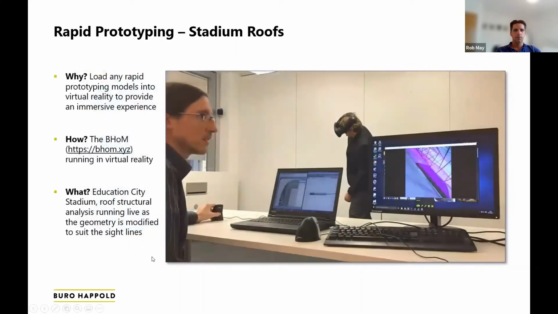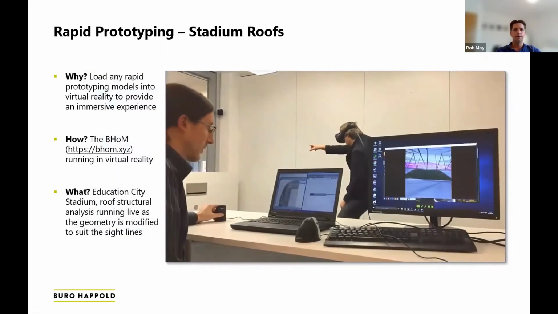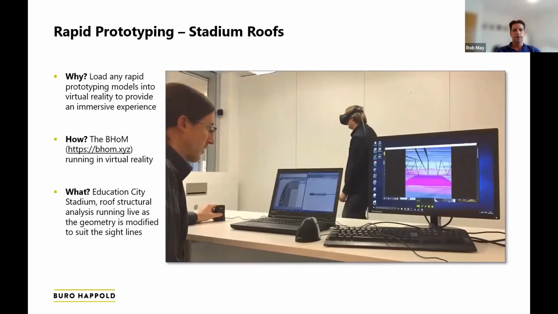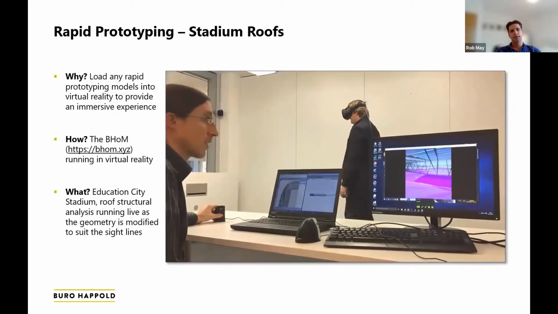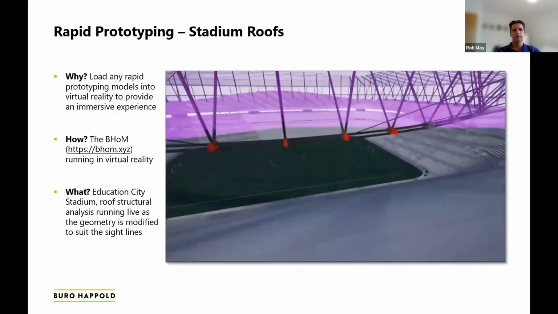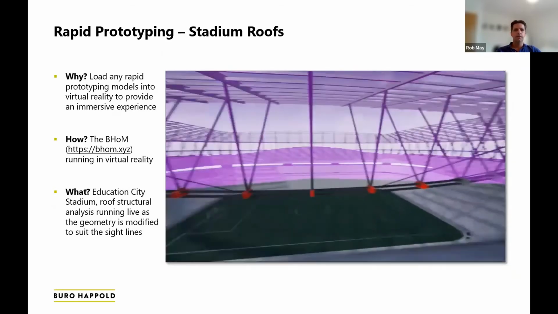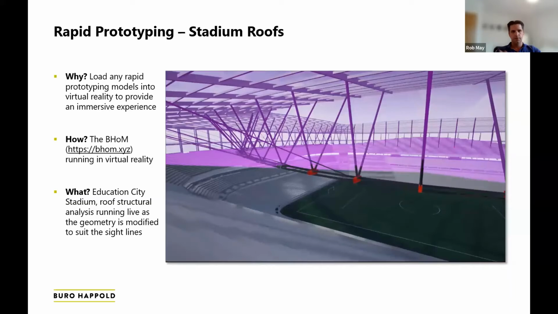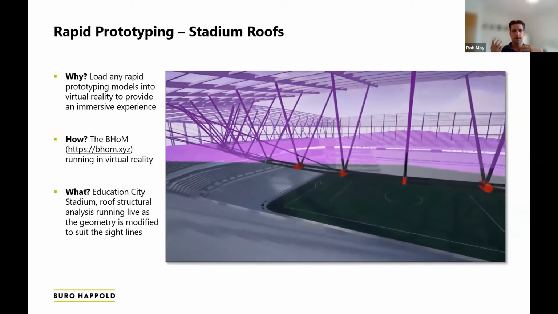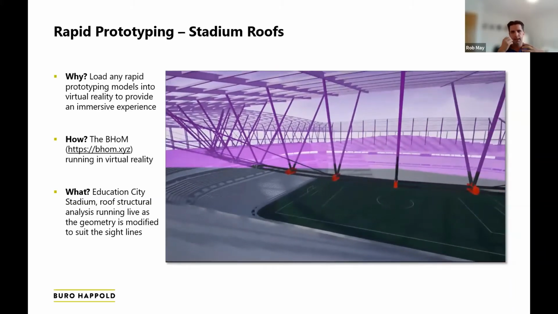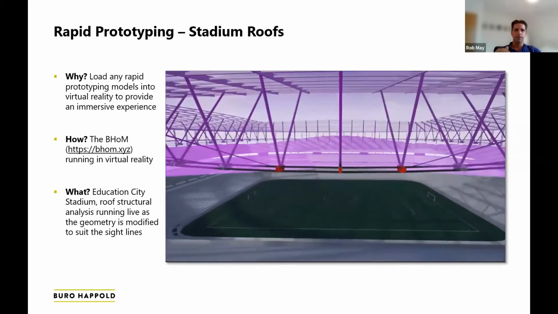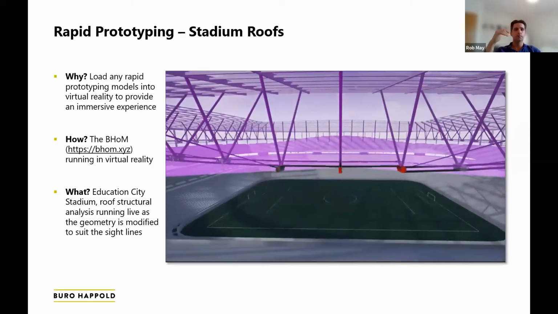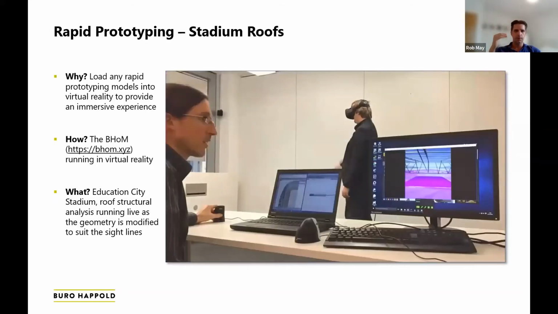And we're at the stage now where, and this is my colleague Al Fisher and Arnaud, playing with the Education City Stadium roof, which Nick and the guys at Pattern did with us. Here Al is in the virtual reality environment, sat at the top of the stand, and he's saying, hey, the roof structure is too low. I'm not going to be able to see the ball when it's kicked above what we call the high ball line.